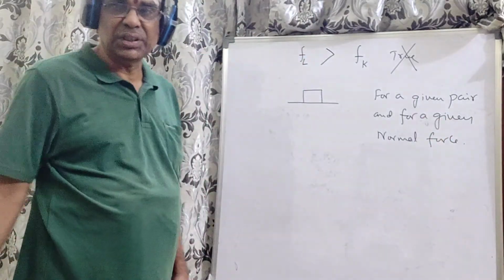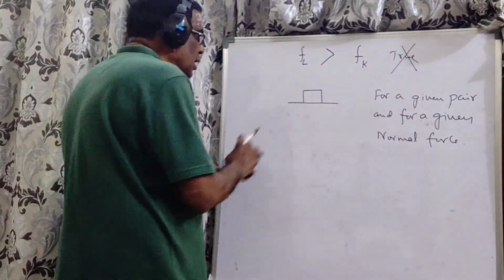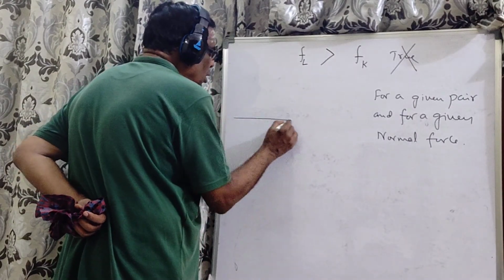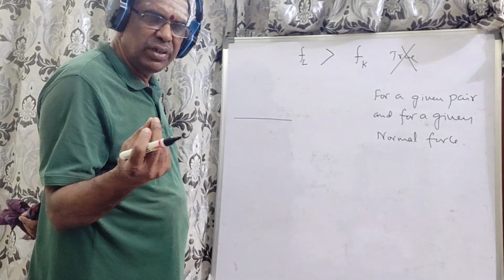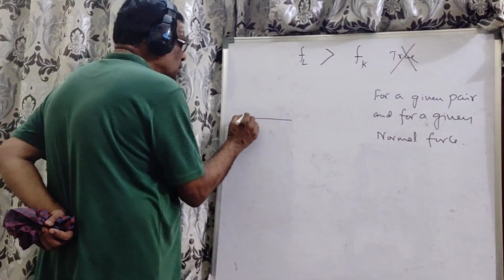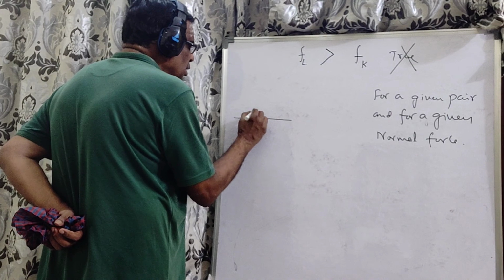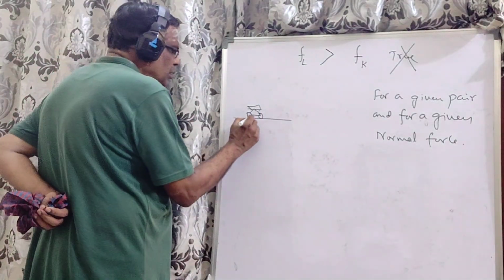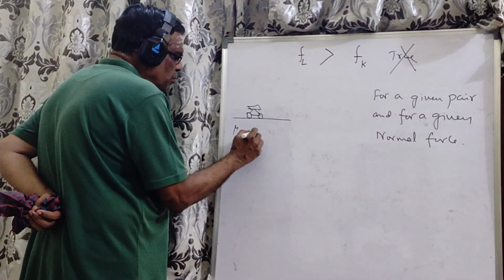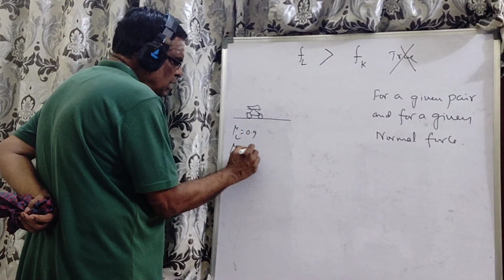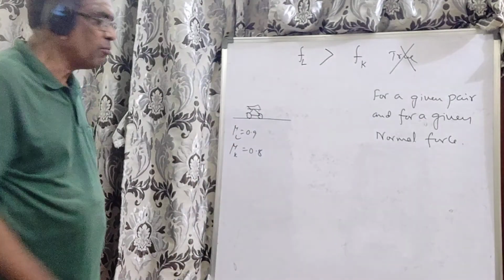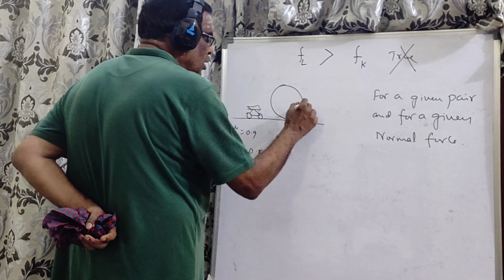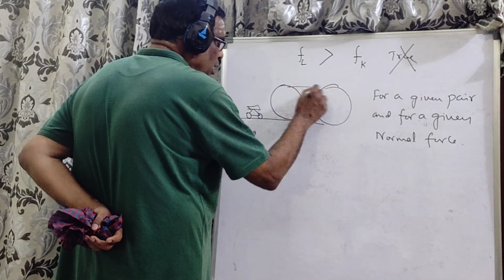Now this is crucial. I am telling you why it comes into play. Suppose I take a toy car with wheels made of rubber, a very small toy car, something like this. Okay? Mu L may be 0.9, mu K may be 0.8. Now, on the same concrete surface, I take a huge lorry or a truck.